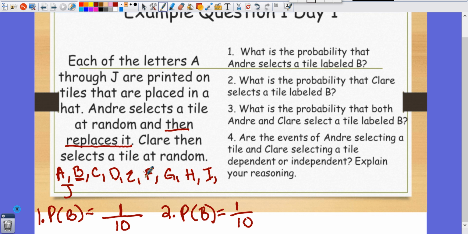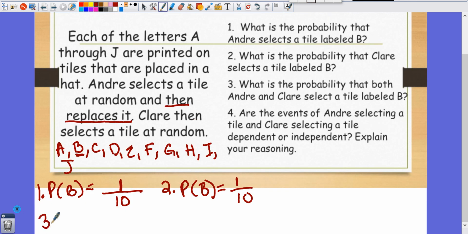Okay, what is the probability that both Andre and Claire select a tile labeled B? All right, so this here is what we would call conditional probability. So with number 3, it wants to know what is the probability of Andre and Claire getting the tile labeled B. There's a couple of things we can think about for how this is going to happen. If Andre goes first, then I'm going to write this mathematically.